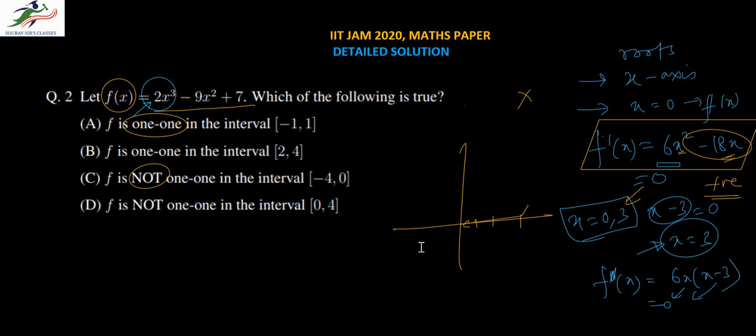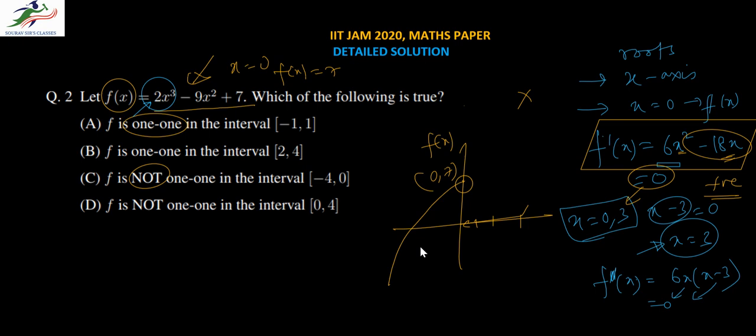So at x equal to 0, my f dash x is 0, which is fine. That means my first derivative is 0. That means the curve will change direction. But what happens to the function at x equal to 0? It is equal to f(x) is equal to 7. That means it will be a curve like this, where it intercepts the y-axis at 0, 7.